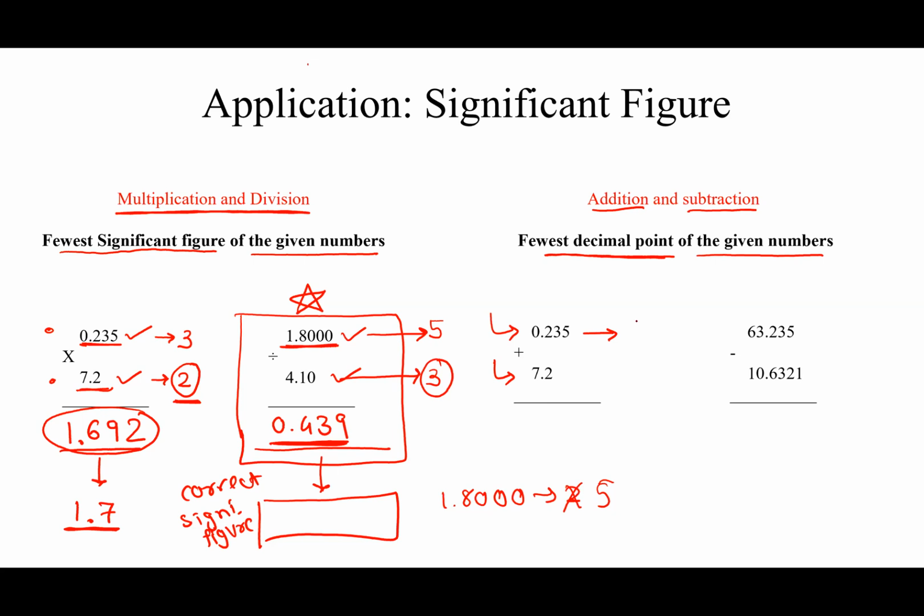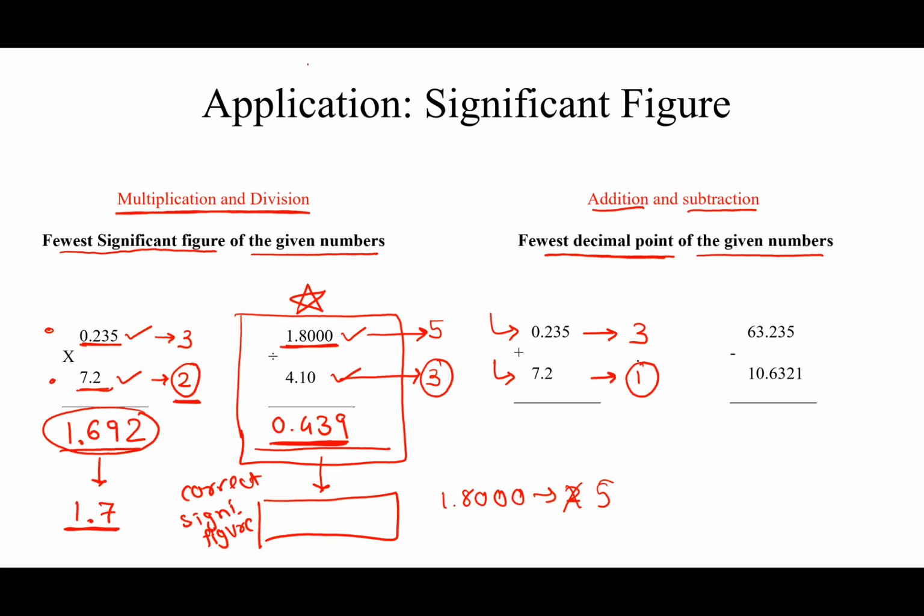So in this first number, how many digits do we have after the decimal place? 3. I think everybody agrees, it's simple. How many digits do we have after the decimal place in this number? 1. What does it mean? It means your answer must have only one digit after the decimal point. So remember, when we talk about addition and subtraction, it has nothing to do with significant figures. All we focus on is how many digits we have after the decimal point.